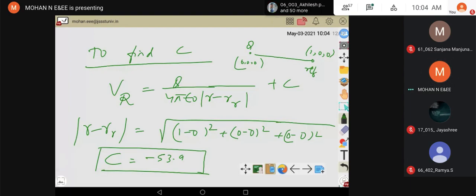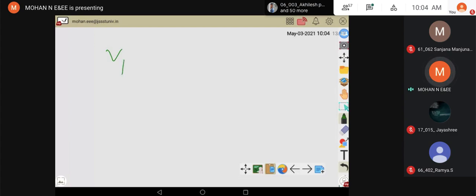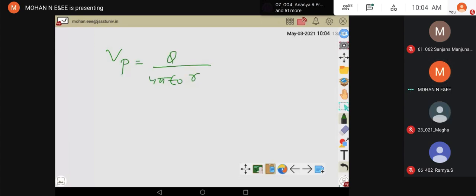Using this C, you can solve for the potential at P. So Vp is equal to Q by 4 pi epsilon naught times the magnitude of r minus ri, plus C, and substitute.